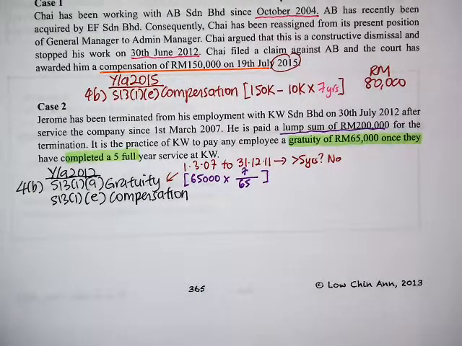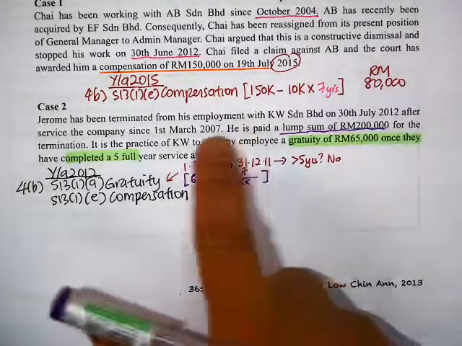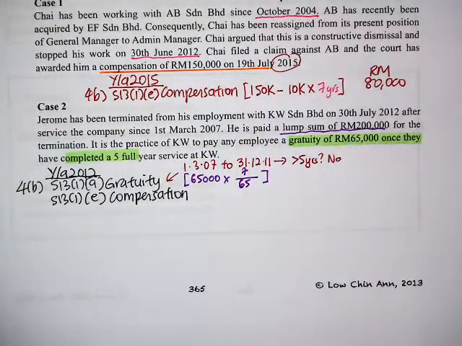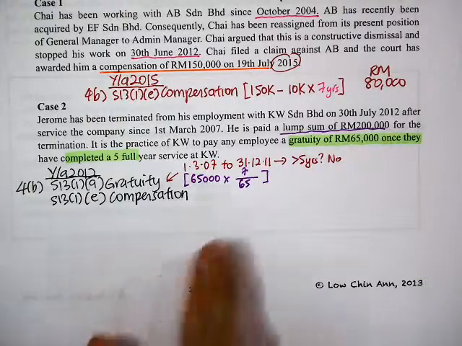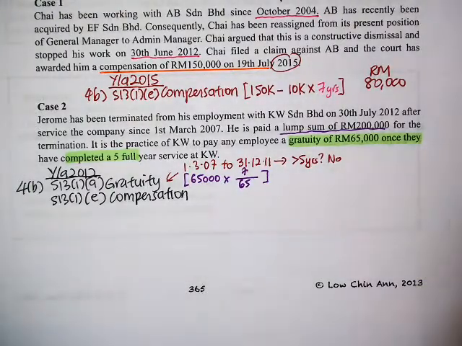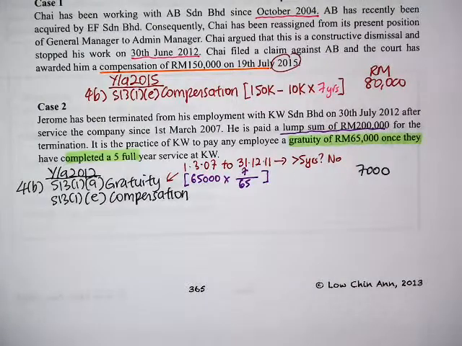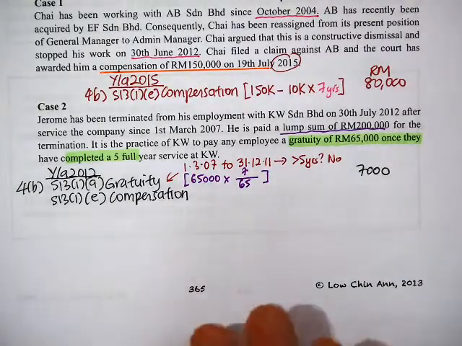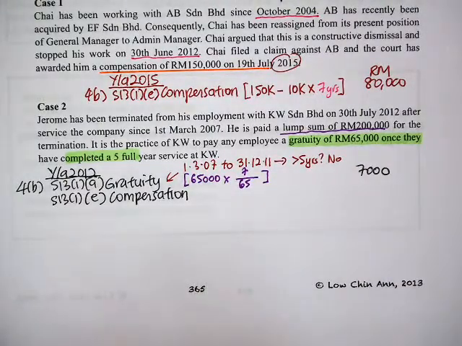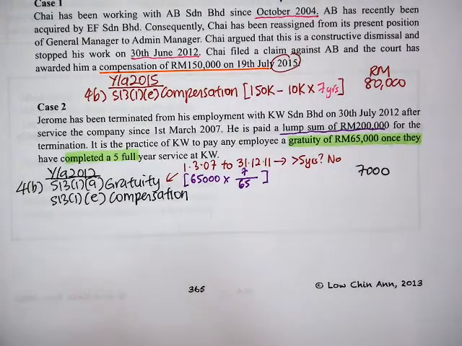Correct now? 10 months plus 12 months, 12 months, 12 months for 8, 9, 10, 11, and 2012 plus 7, so 65. So the figure will be 7,000. Then you spread back into YA 11, 10, 9, and so on. Okay, that's gratuity.